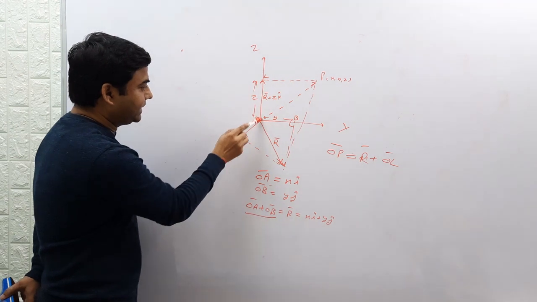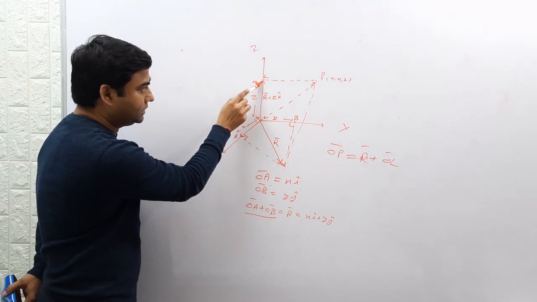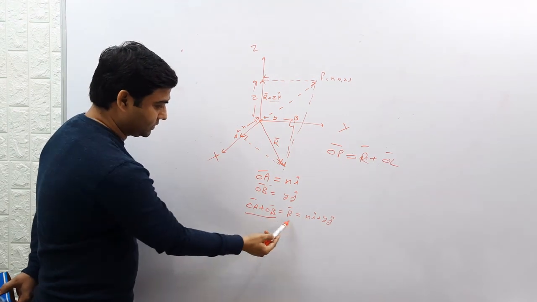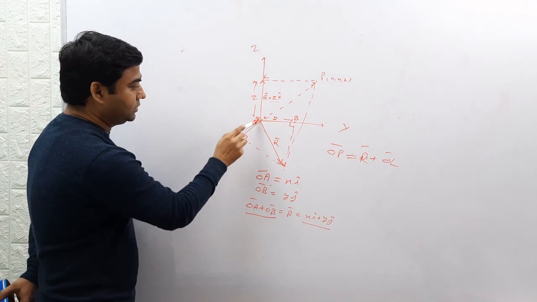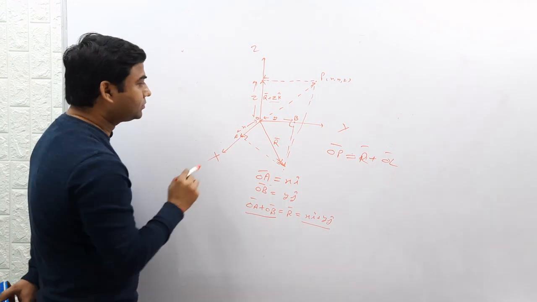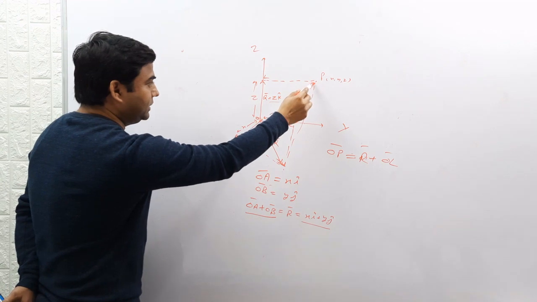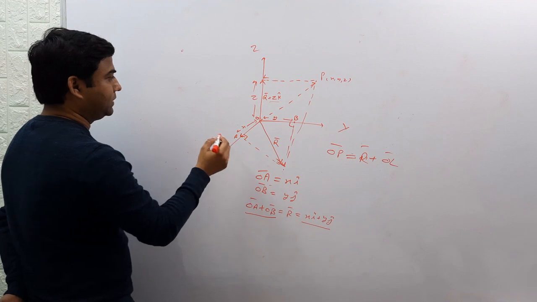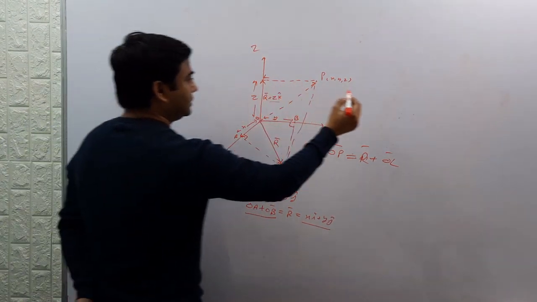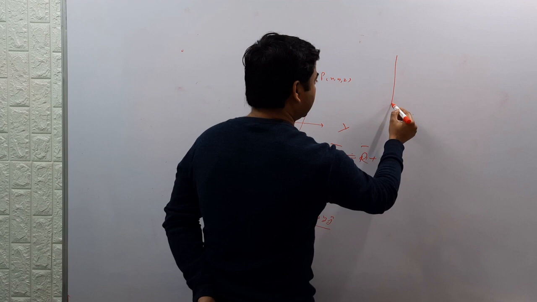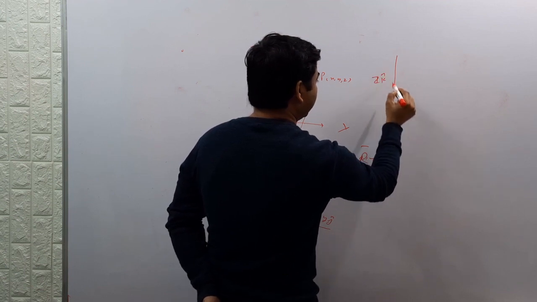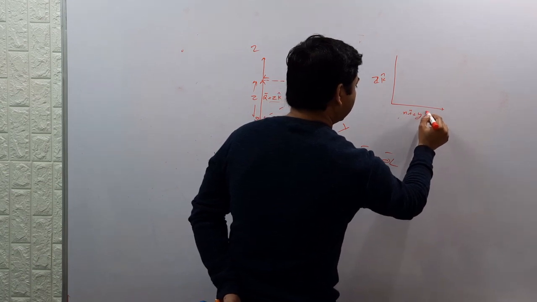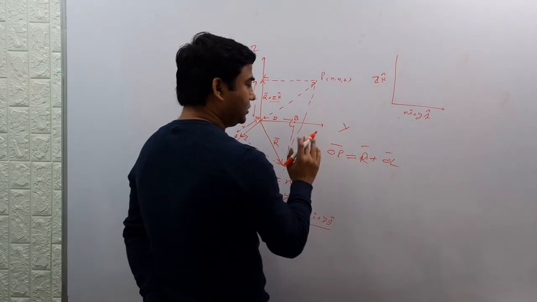These both are perpendicular. The z-axis is perpendicular to the xy plane. So zk and this R vector, these both vectors are perpendicular. If you draw a parallelogram in two-dimensional axes, then the parallelogram will be like this: zk, xi plus yj. This will not be a parallelogram.